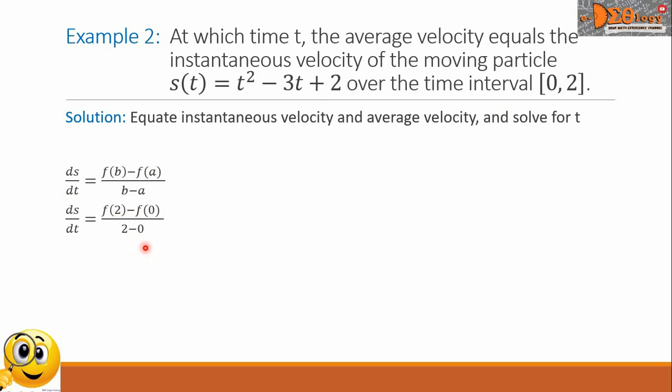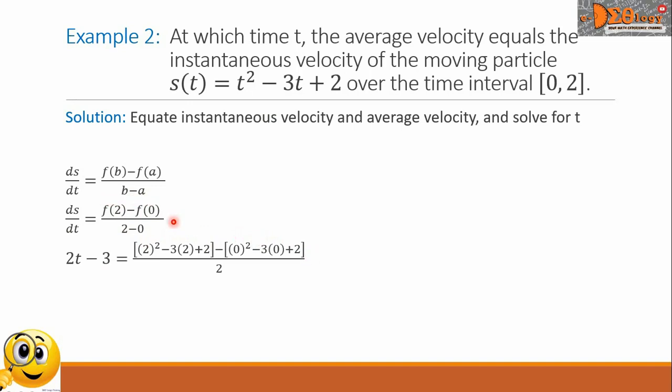Let us evaluate both sides of the equation. ds over dt is the derivative of our function. So we have now 2t minus 3 is equal to, the right side here now becomes like this. The f of 2 is now 2 squared minus 3 times 2 plus 2. Then minus, the f of 0 is now 0 squared minus 3 times 0 plus 2.